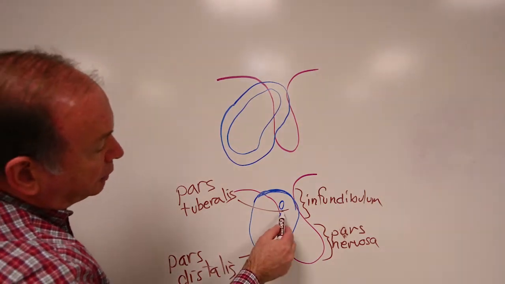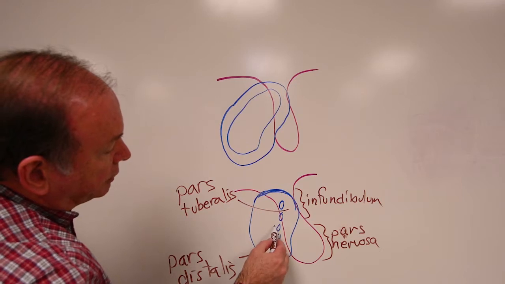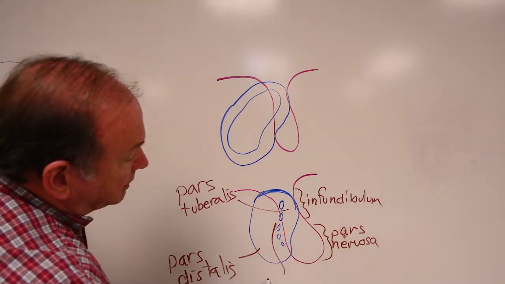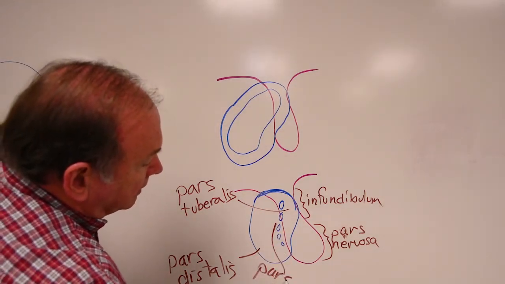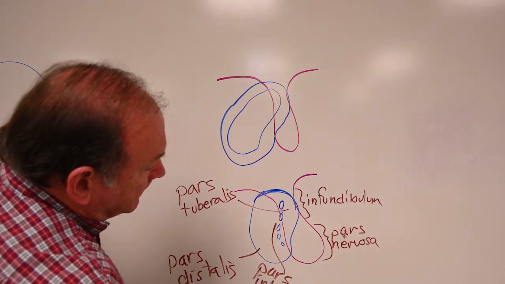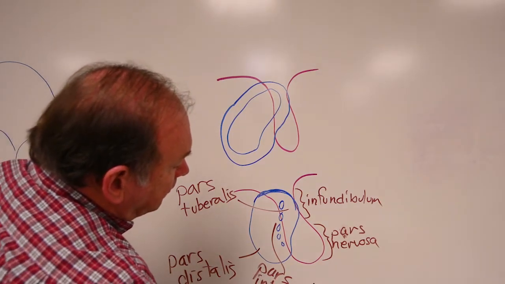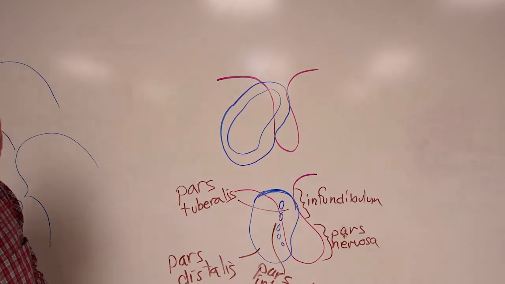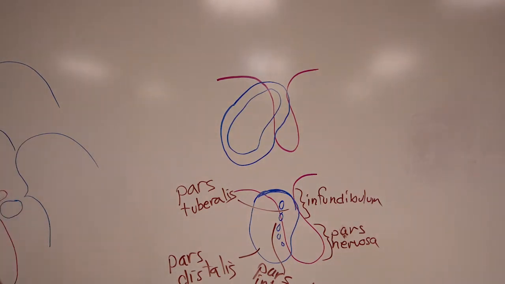And up here, close to where these colloidal structures form, right through here, this is referred to as pars intermedia, the intermediate portion.